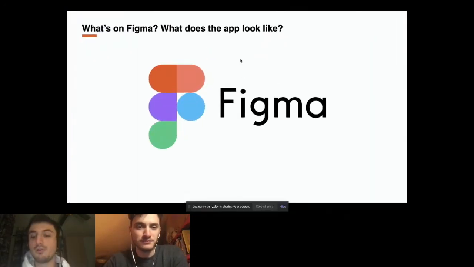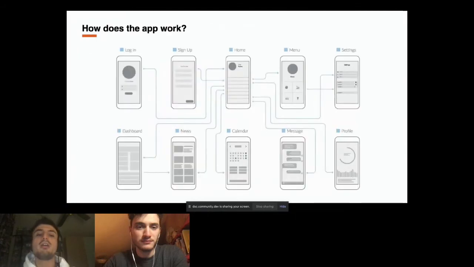The next step of the analysis is the functionality analysis. So we want to check how our app will work in a very detailed way, because all these functionalities will be listed and we'll have to implement them in the future.